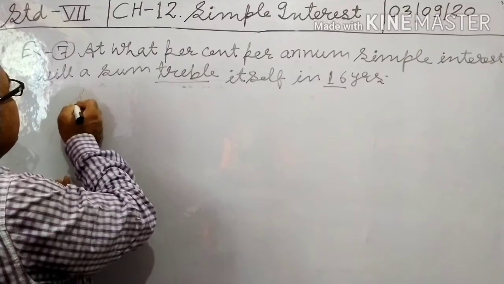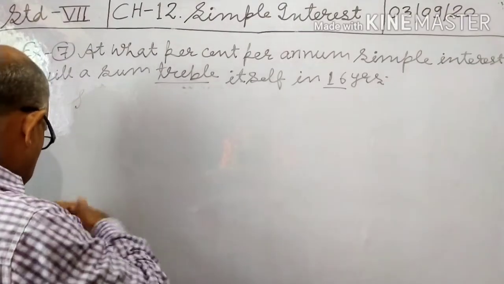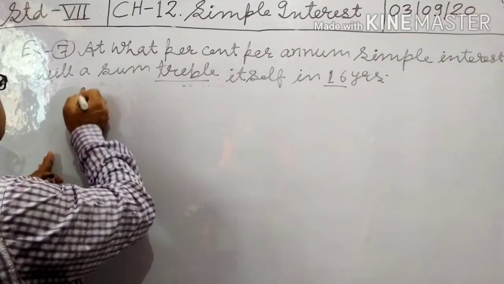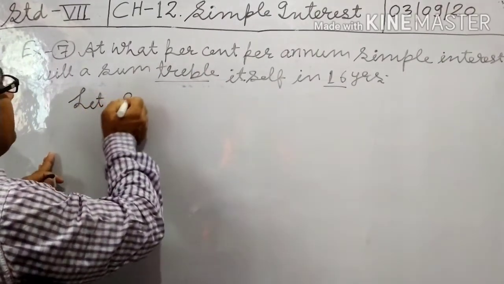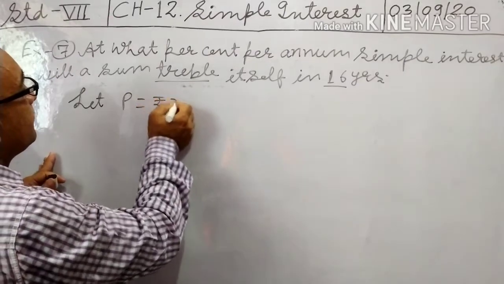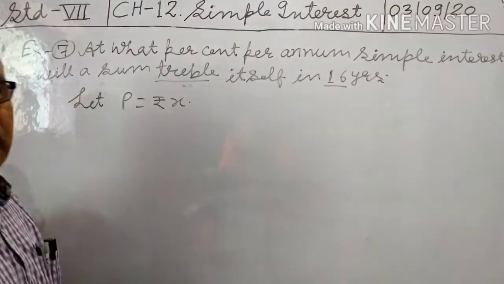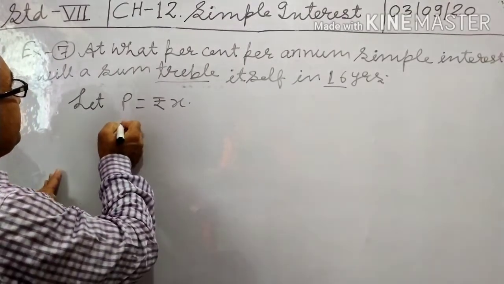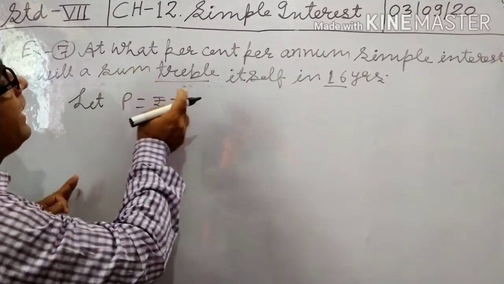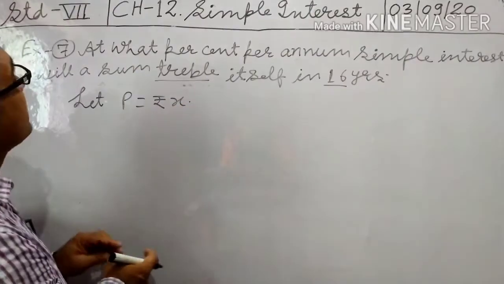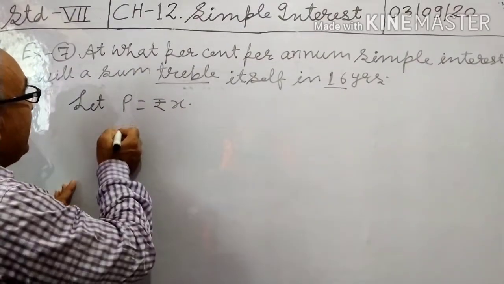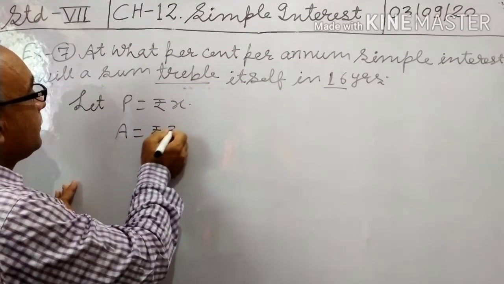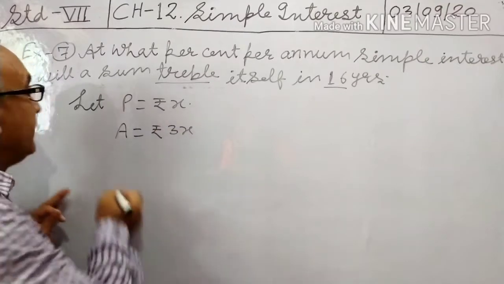So let P equal to rupees x. A equal to rupees 3x.